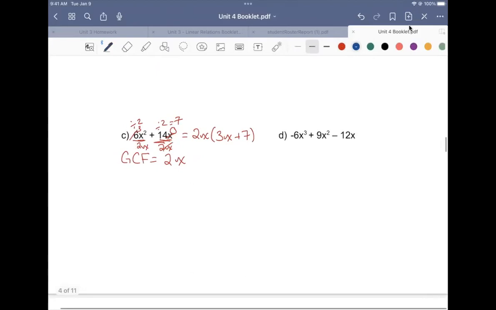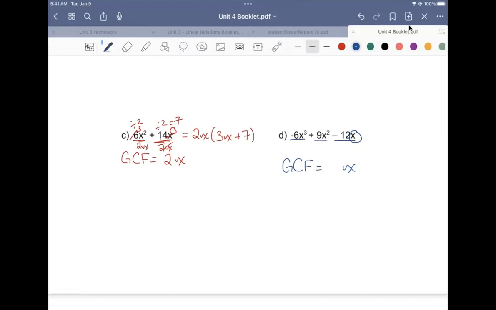If we do one more example here, I have negative 6x cubed plus 9x squared minus 12x. I look in right away, I see my lowest variable is just x, so that is going to be part of my greatest common factor. If I then take a look, I have negative 6, 9x, and negative 12x.